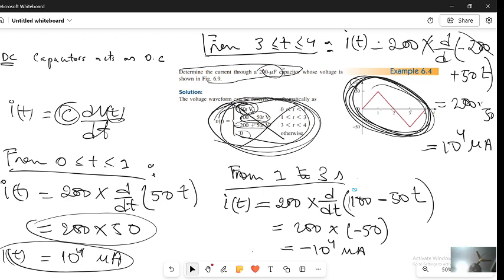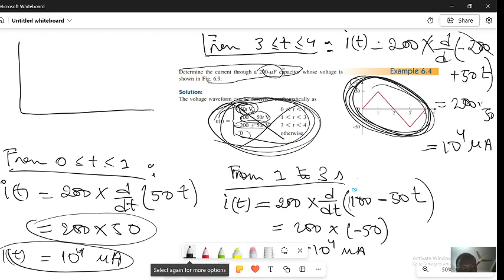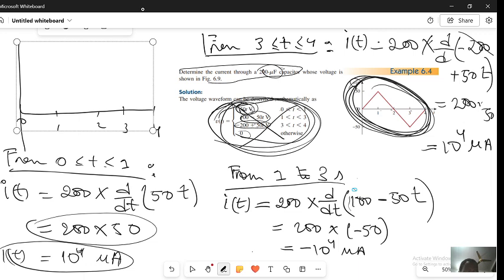Now I already found the values. This means, how can I draw the graph? If I want to draw the graph, I don't want to go to another page so that I will not lose the values. From 0 to 1, I have 10 power 4, so I will have 10 power 4 here.